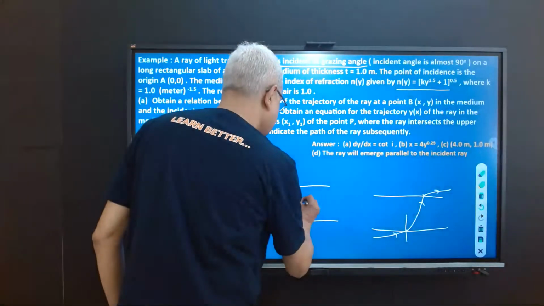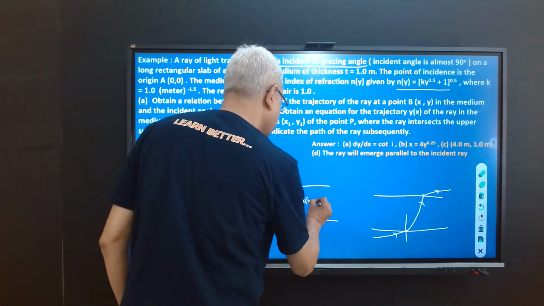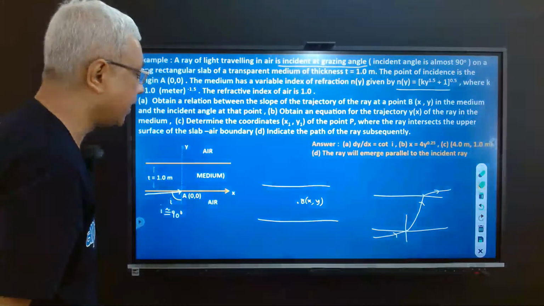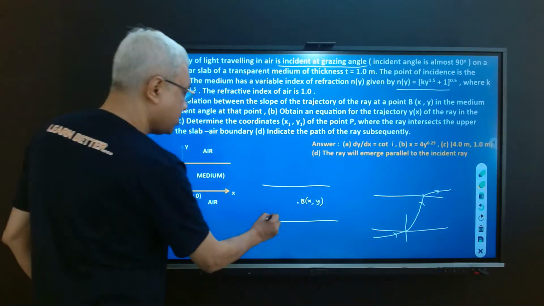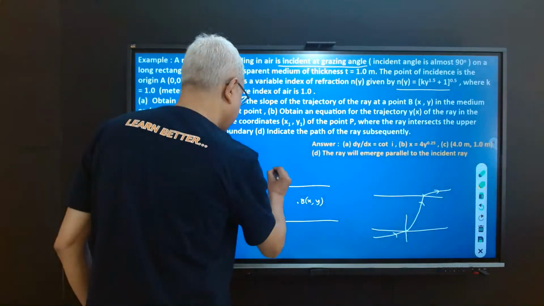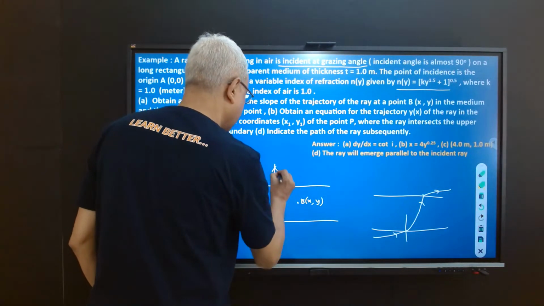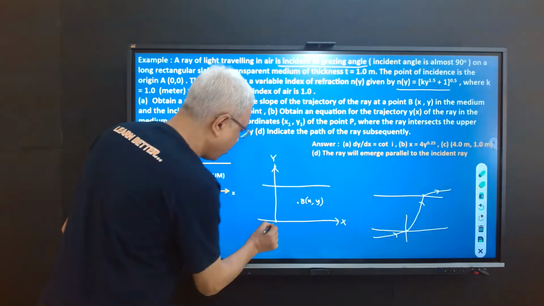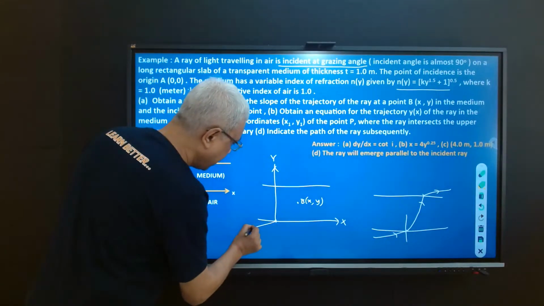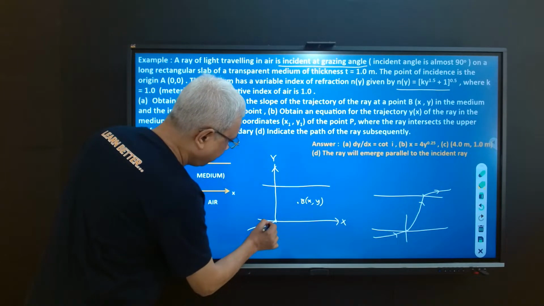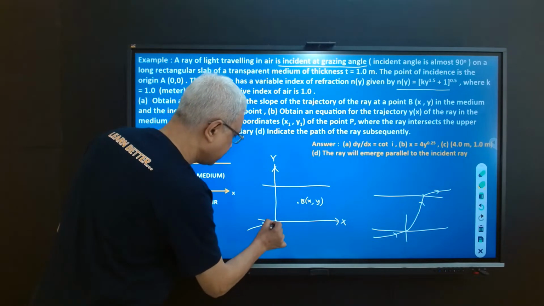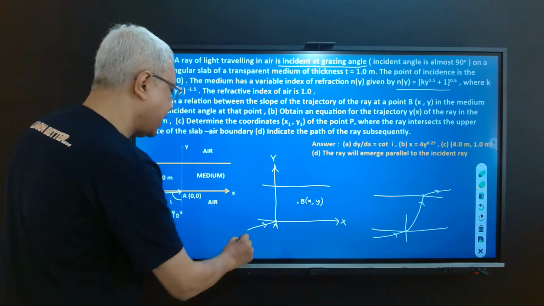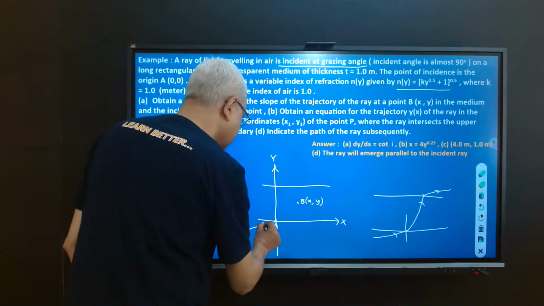So let B be a point in the media whose coordinate is (x, y). This is the origin. A is the origin. This is the x-axis. This is the y-axis. And the original ray has fallen at the interface at this point A. And the angle of incidence is this much.